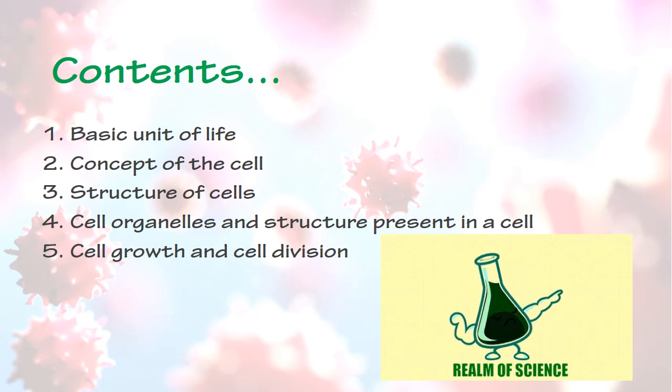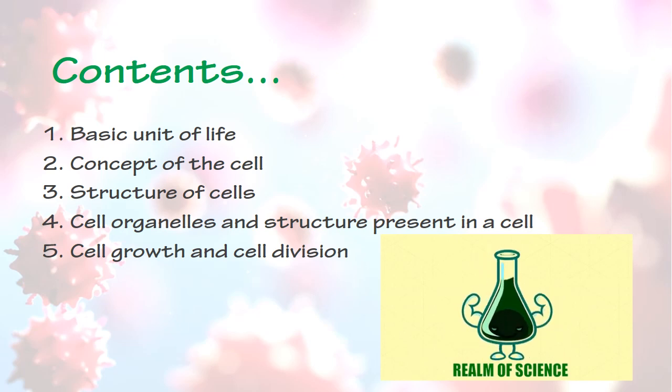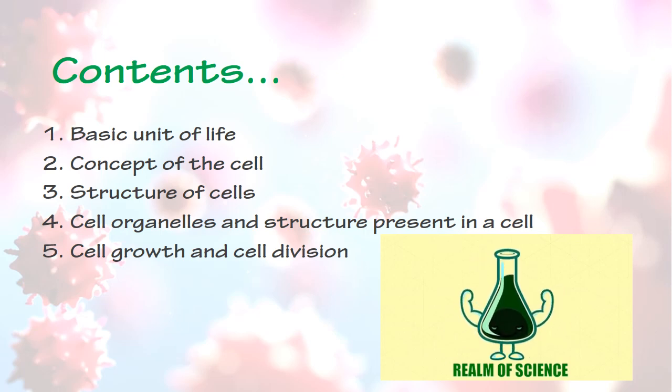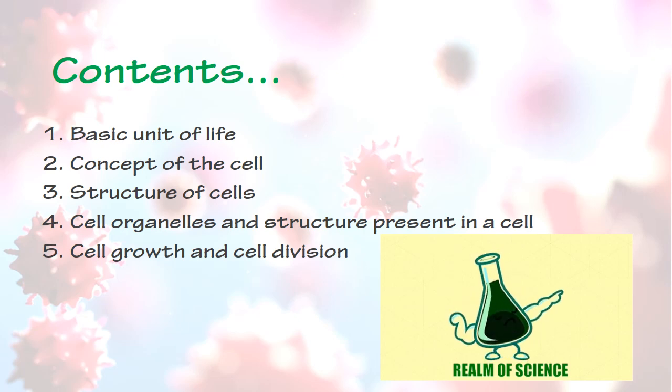So students, in this chapter we are going to study the cell and its structures. The contents are: basic unit of life, concept of the cell, structure of cells, cell organelles and structures present in a cell, cell growth and cell division.